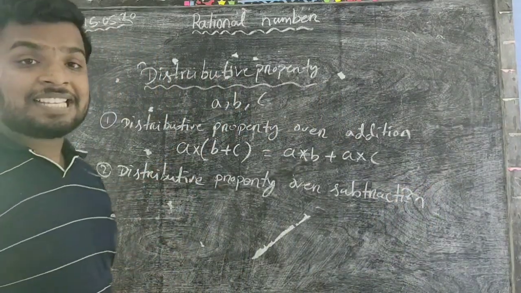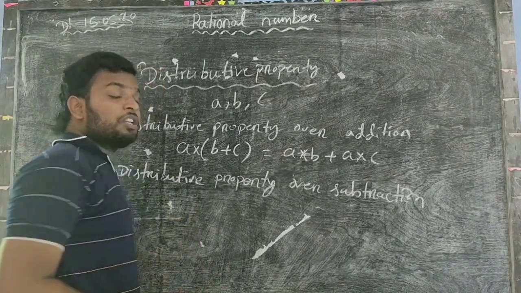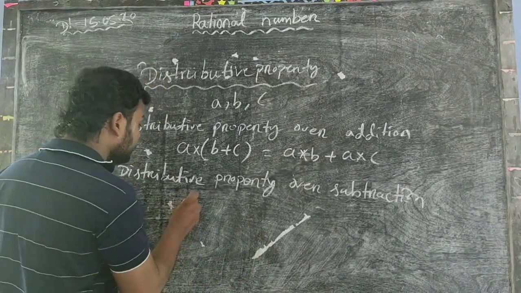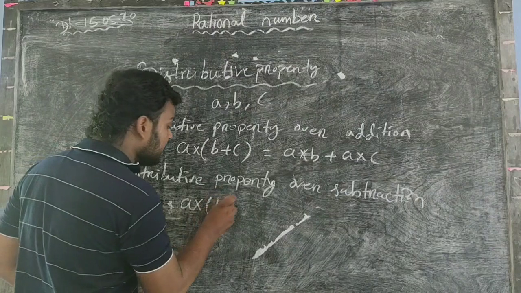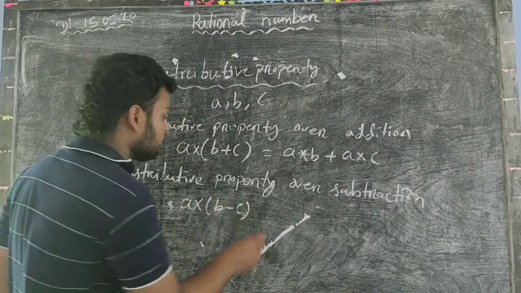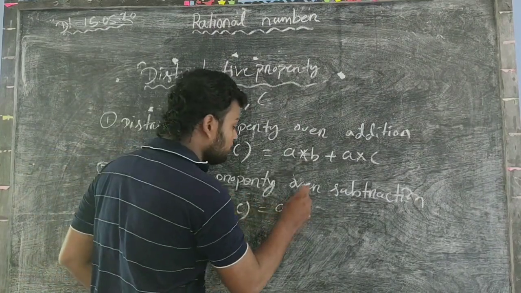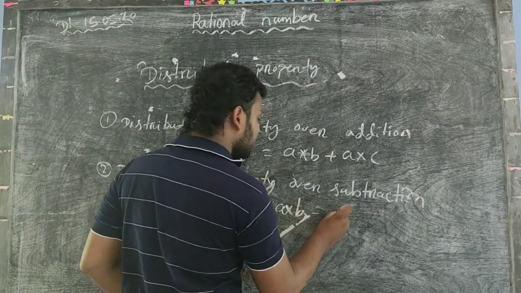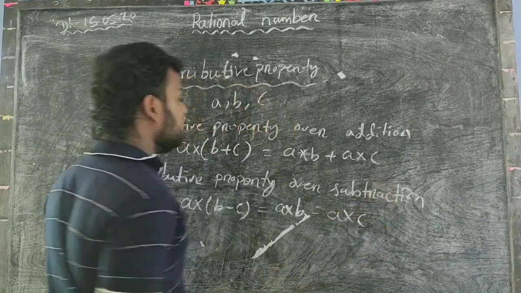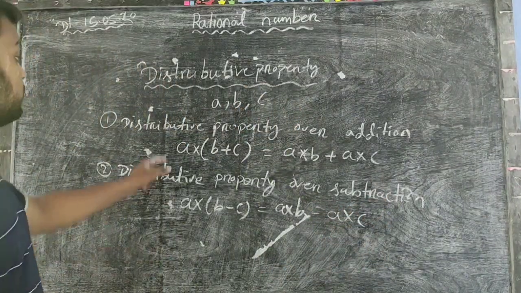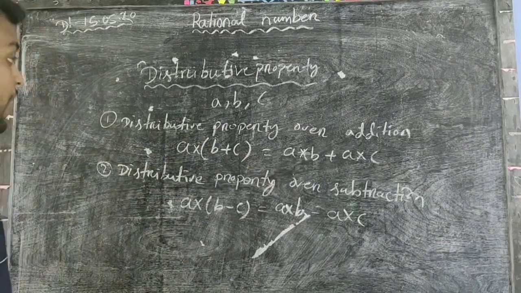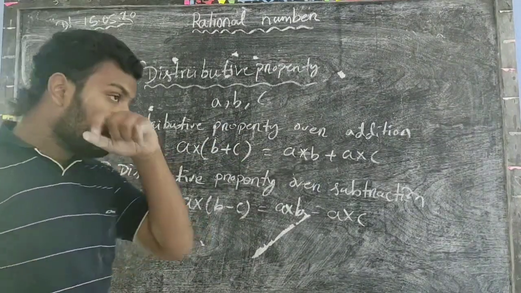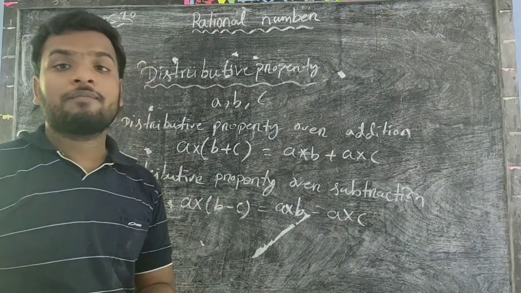If A, B and C are three numbers, then according to distributive property over subtraction, A into (B minus C) is equal to A into B minus A into C. Okay, this is the distributive property over addition and this is the distributive property over subtraction.